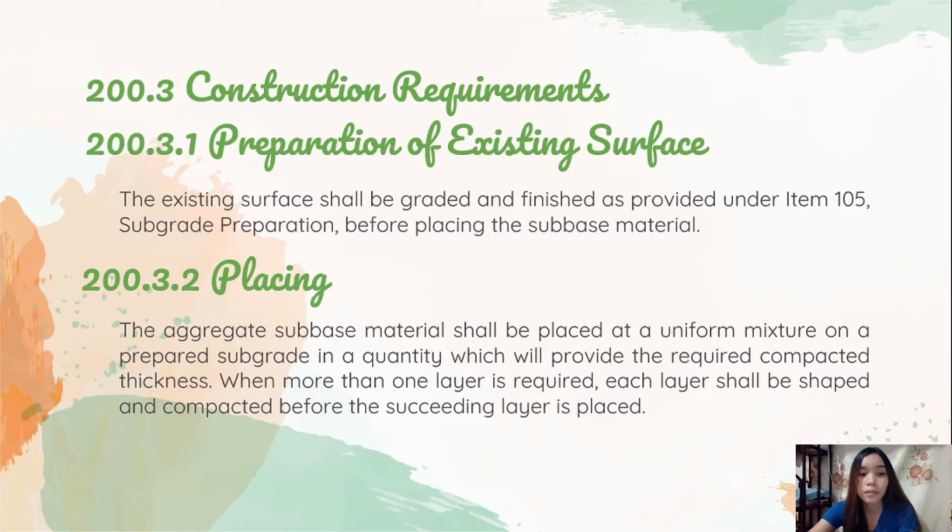The next is the placing. The aggregate sub-base material shall be placed as a uniform mixture on a prepared subgrade in a quantity which will provide the required compacted thickness. When more than one layer is required, each layer shall be shaped and compacted before the succeeding layer is placed.